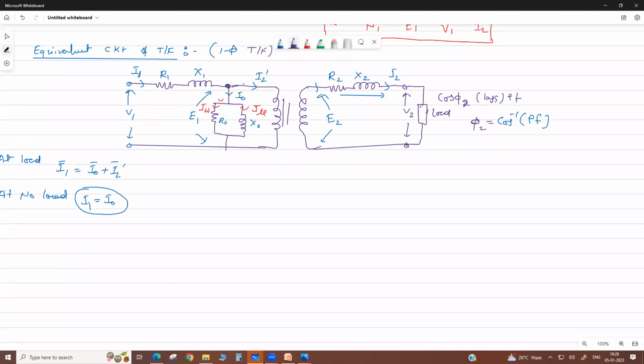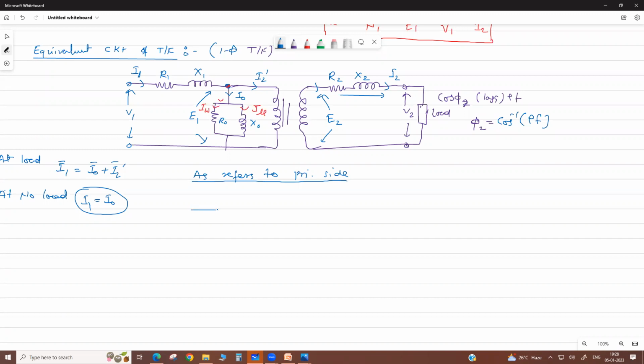Now suppose we transfer the secondary to the primary side. As referred to the primary side means we transfer the secondary parameters to the primary side.